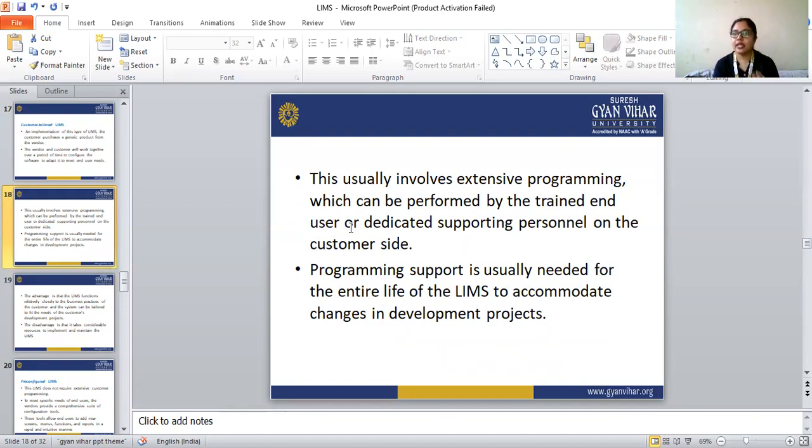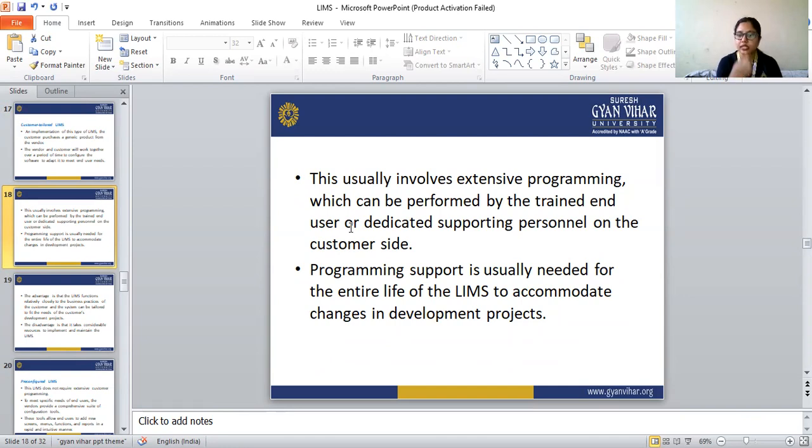Only a trained person can use the LIMS; without training we can't operate it. This is the main thing of the customer tailored LIMS: a trained person is needed for handling it.